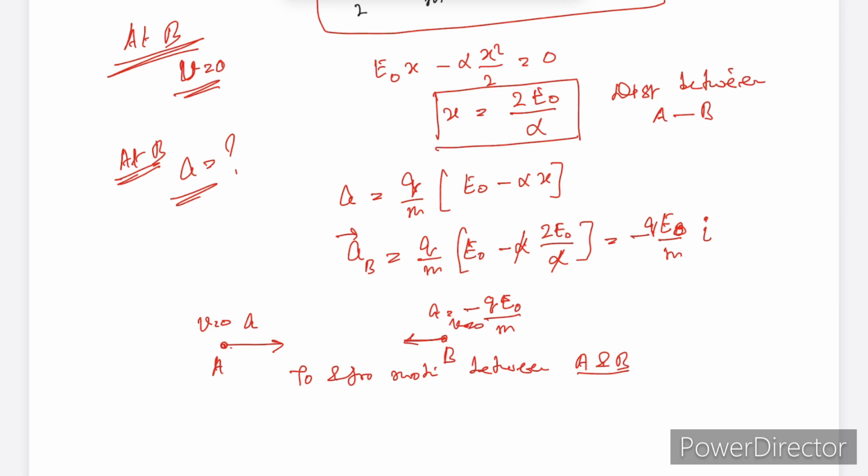Once it comes to A, again velocity will be 0 and acceleration will be in this direction, and then again here velocity will be 0 and acceleration will be in this direction.